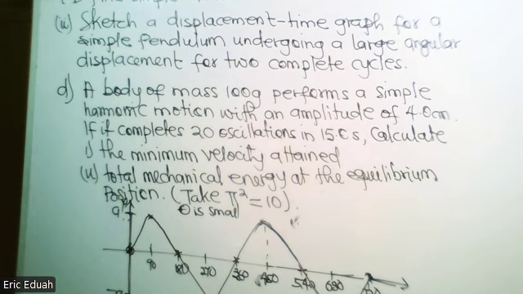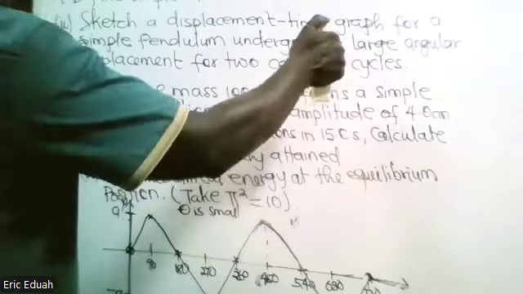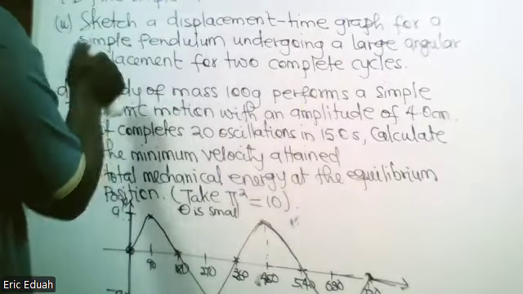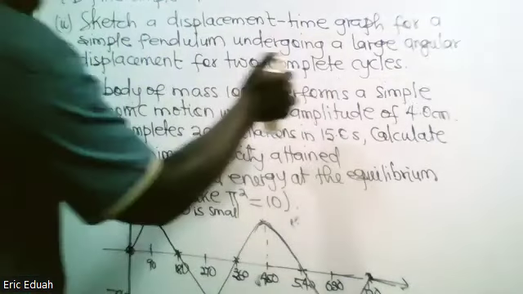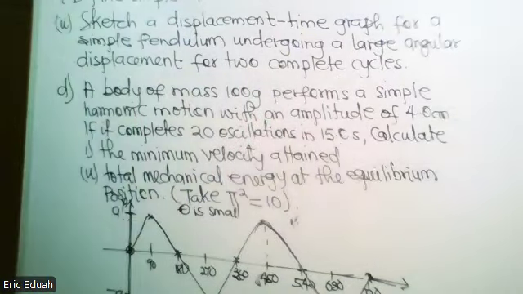Let me clean. So here the oscillation will be damped. When oscillation is said to be damped, it means as the body oscillates, the amplitude of oscillation reduces.